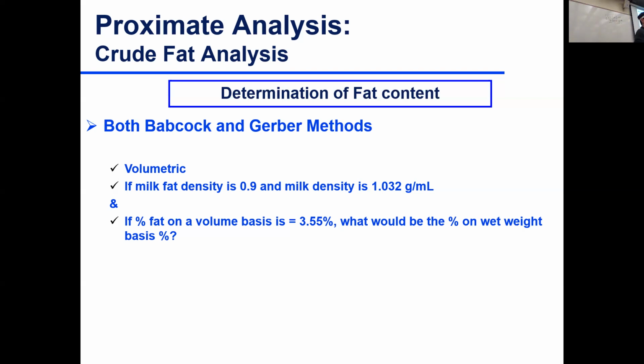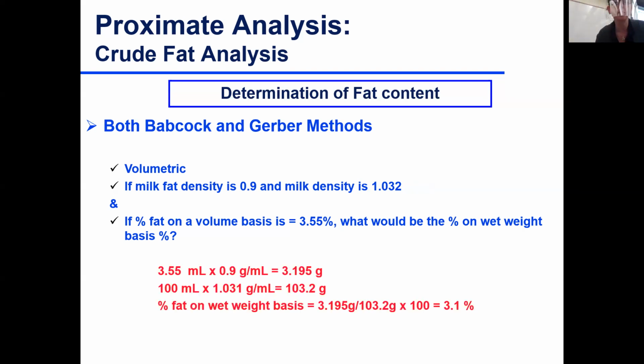Anybody with an answer? Yes, Grace. 3.1% fat. Yes, there it is. So milliliters times the density, because density equals mass over volume. If I have the volume, I need the mass, so it's volume times density to get the mass.